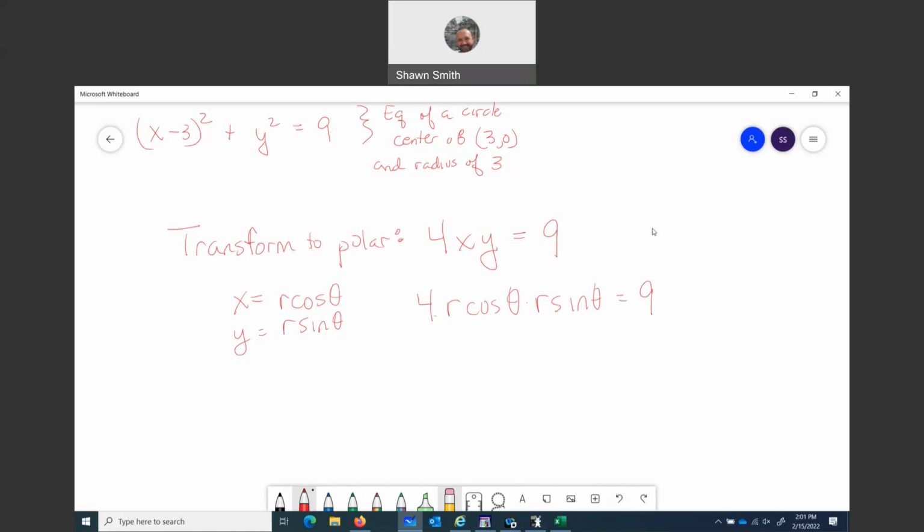Simplify a little bit. This is 4r squared cosine theta sine theta equals 9. Again, this is fine with me. You've done the directions.